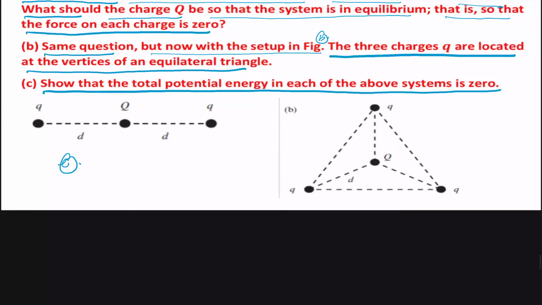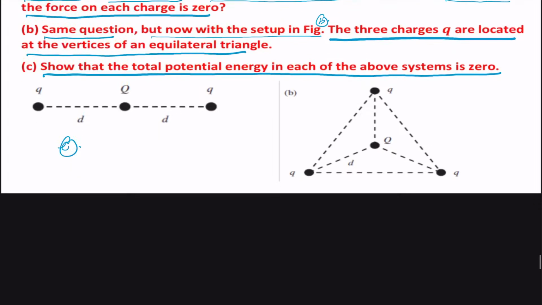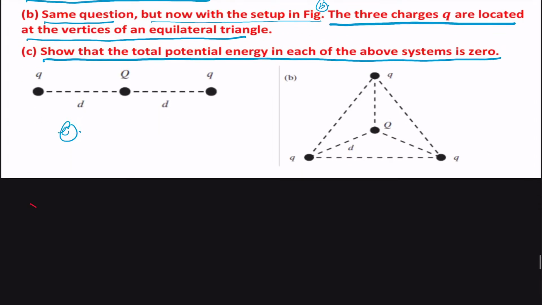So let us solve for part A. In this part A, we are given that we have two charges q and one charge is capital Q. Okay, and they are at an equal distance d from this charge Q. Therefore, if we draw an axis at this charge Q, both these charges are symmetric.